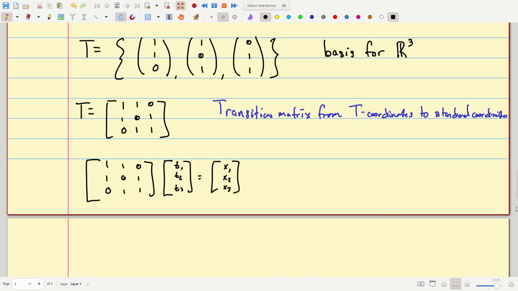All right? This is in T coordinates, and this is in standard coordinates.